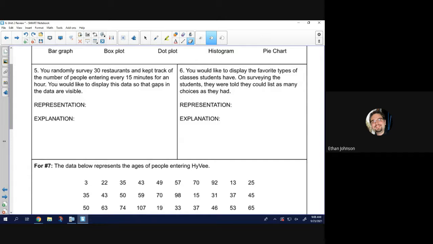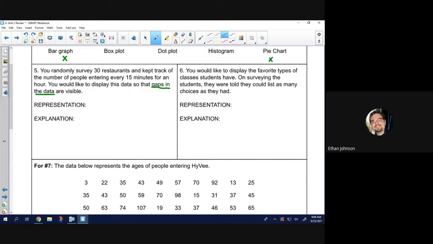Because it's quantitative, I know I cannot use a bar graph, and I cannot use a pie chart. So, we want to have a display that shows gaps in the data. Oh, I actually just said that.